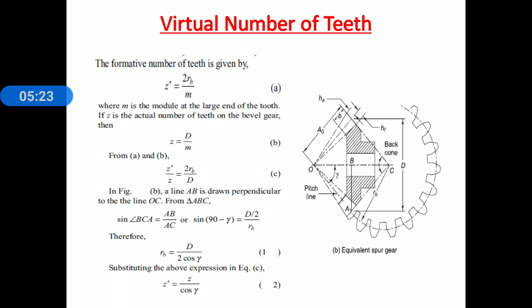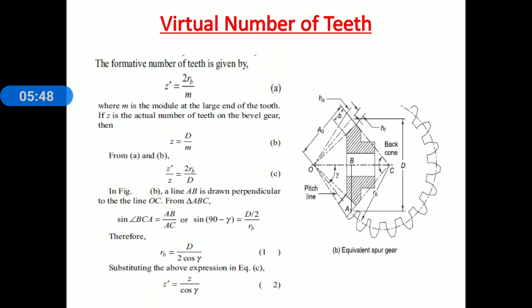Now everyone again observe the sketch carefully. Here, m is the module at the large end of the tooth. Remember that all dimensions in the case of a bevel gear are specified at the large end of tooth, because the dimensions of the tooth of a bevel gear decrease toward the apex point.